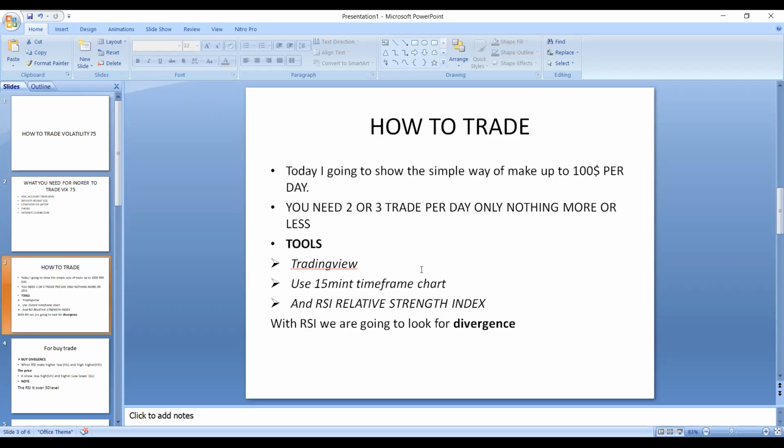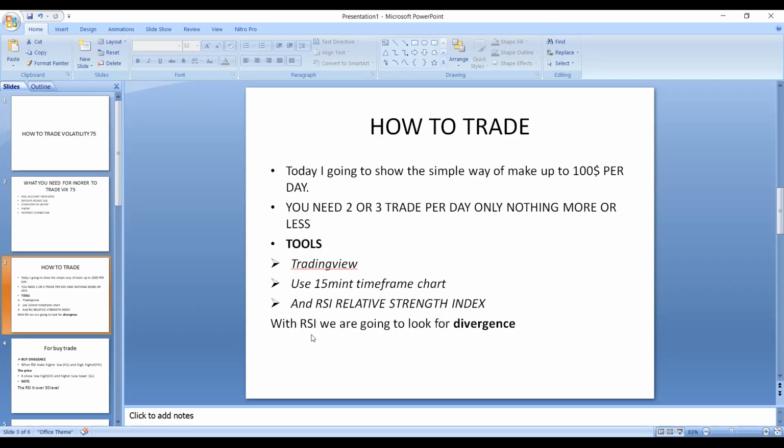The tools we are going to use: TradingView, which is going to be our tool for viewing charts, and we are going to use the 15 minute time frame charts. Also the key indicator is the RSI, the relative strength index.